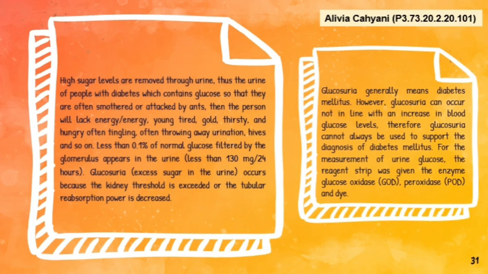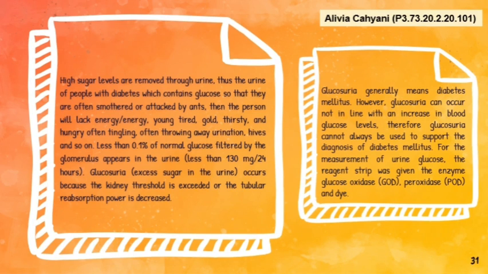Glucosuria, excess sugar in the urine, occurs because the kidney threshold is exceeded or the tubular reabsorption power is decreased. Glucosuria generally means diabetes mellitus. However, glucosuria can occur without an increase in blood glucose levels. Therefore, glucosuria cannot always be used to support the diagnosis of diabetes mellitus.